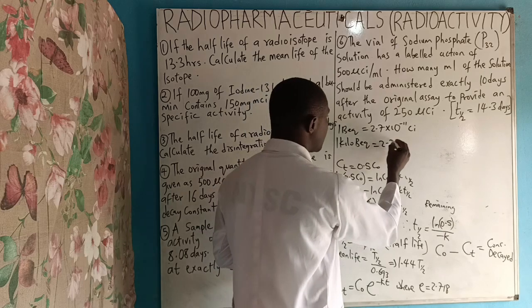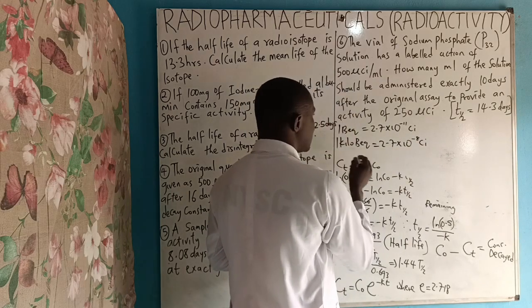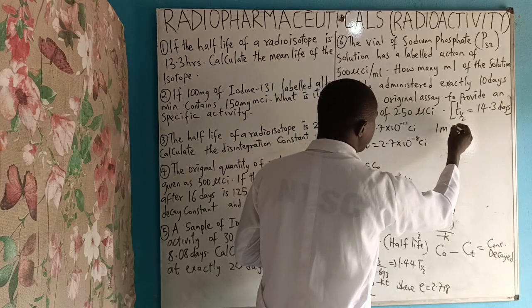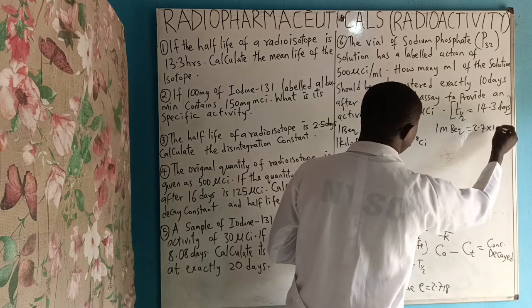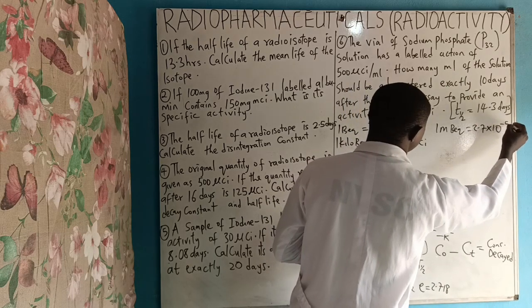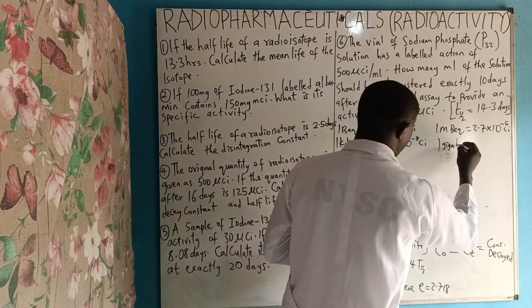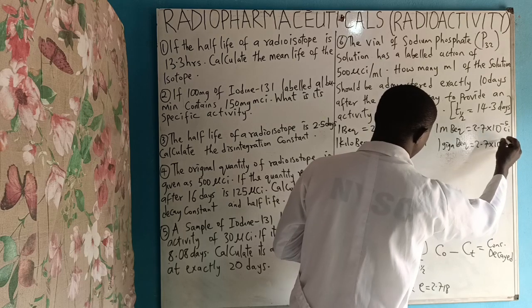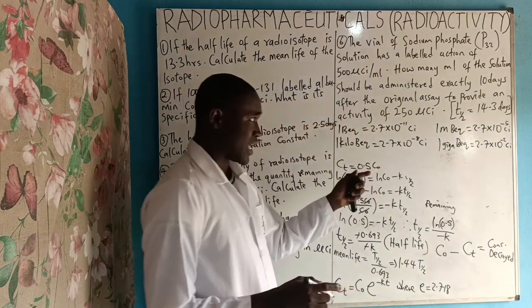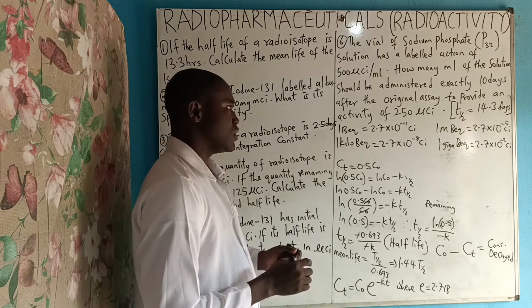That will give you 2.7 times 10 raised to the power of minus 8 curie. Then 1 megabecquerel is equal to 2.7 times 10 raised to the power of minus 5 curie. And 1 gigabecquerel is equal to 2.7 times 10 raised to the power minus 2 curie. It's important to note all these conversions as we go about solving this.